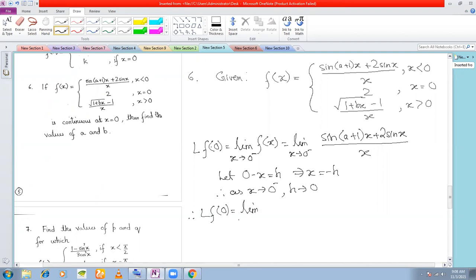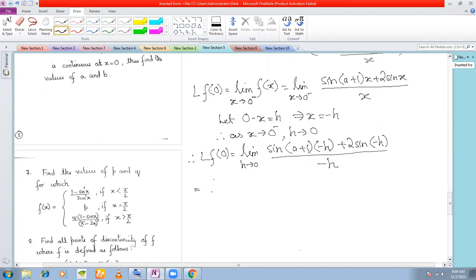Limit h tends to 0, sine (a plus 1) into minus h plus 2 sine minus h, whole divided by minus h.